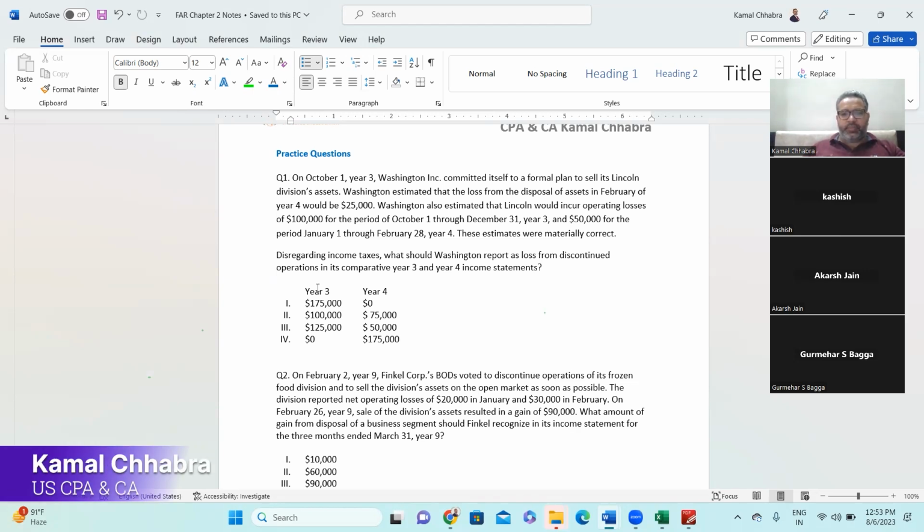Washington also estimated that Lincoln would incur operating loss of $100,000 for a period of October to December and $50,000 for a period of January and February year 4. These estimates were materially correct, right? Disregarding income tax, what should Washington report as a loss from discontinuing operation in its comparative year 3 and year 4 income statement? So first of all, what is the loss?